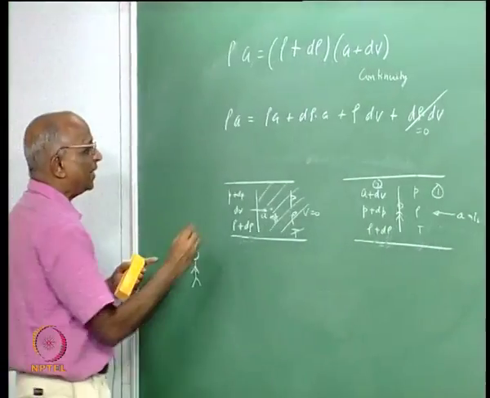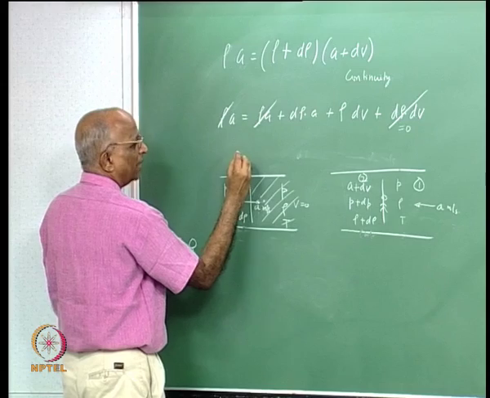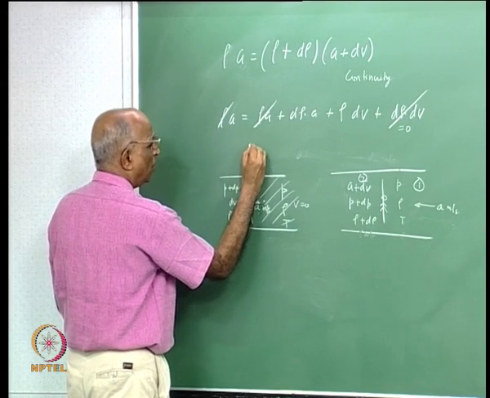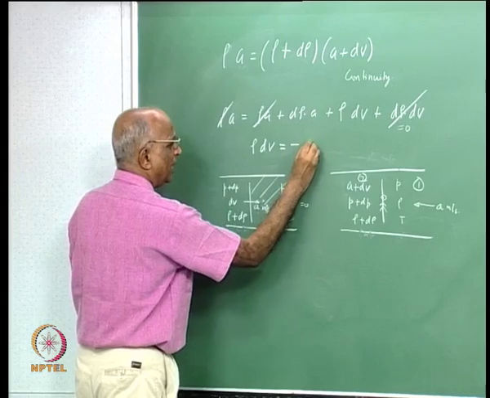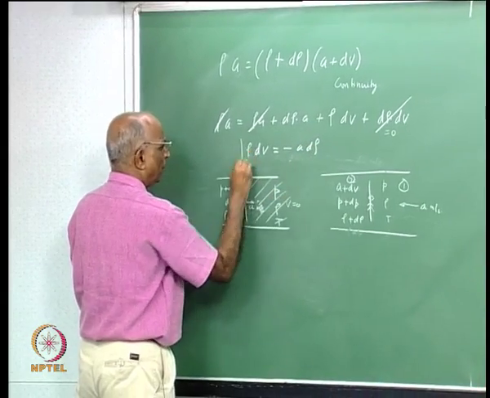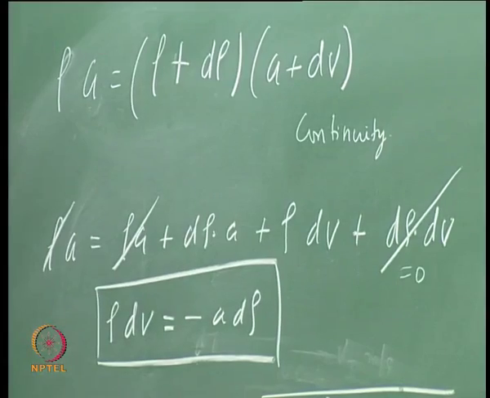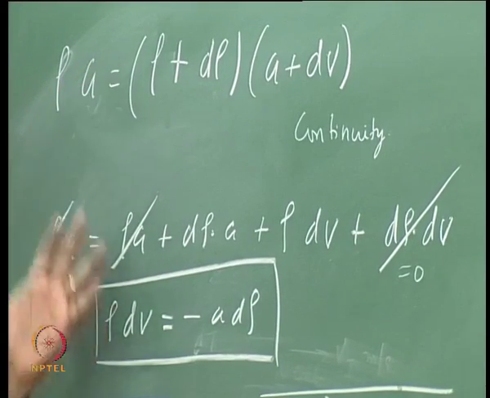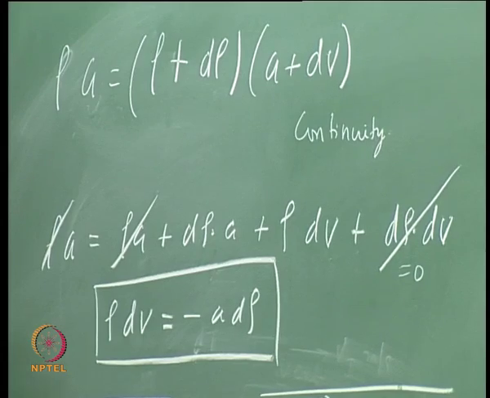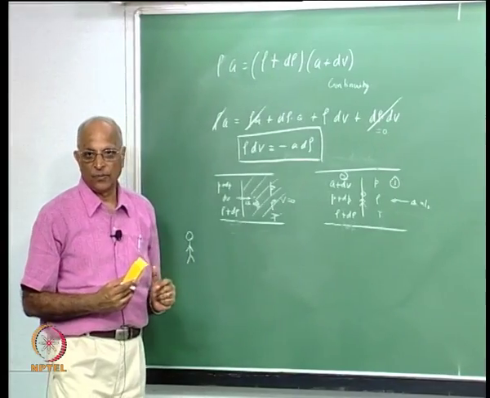And therefore what do I get from this equation? The rho a gets cancelled, and I get rho dV is equal to minus a d rho. This is from the continuity or mass balance equation across a sound wave, as I sit on this sound wave and see the medium processing.